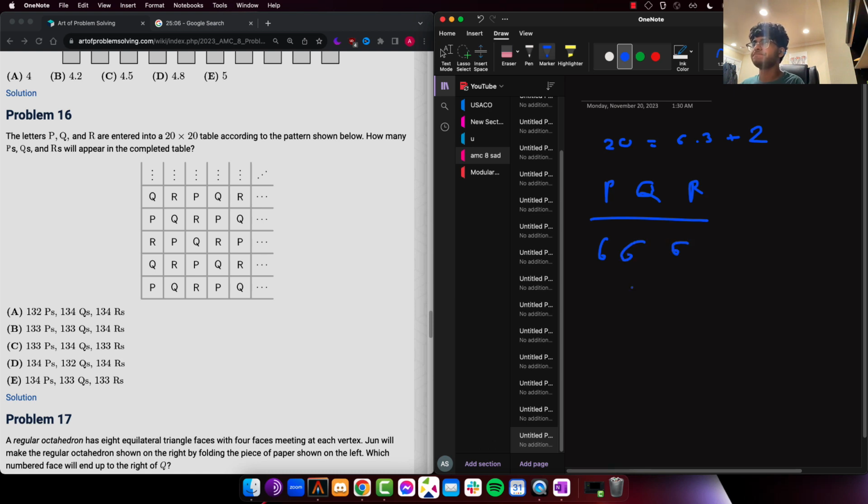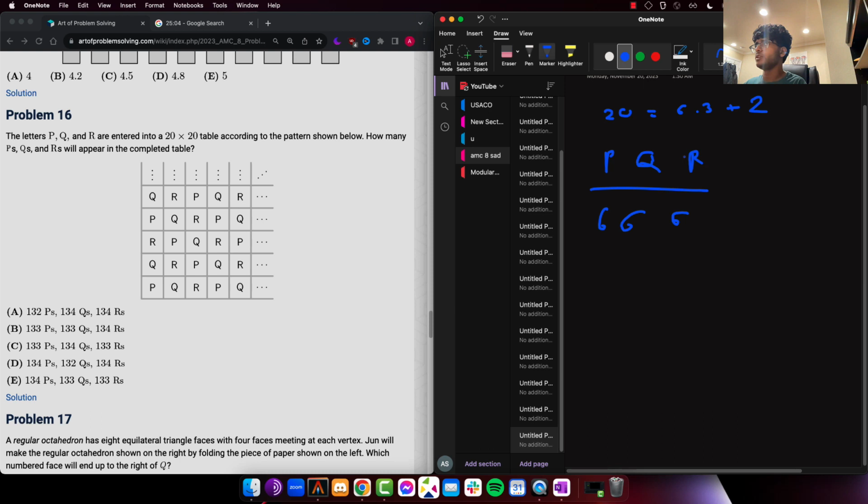And then at the end, what do you have remaining? Because it's PQR, you only have P and Q remaining, right? That's the first. And then you have QRP, so you have 6 of each again, and then you only have Q and R. And then in the third one, you have RPQ, so you have R and P.